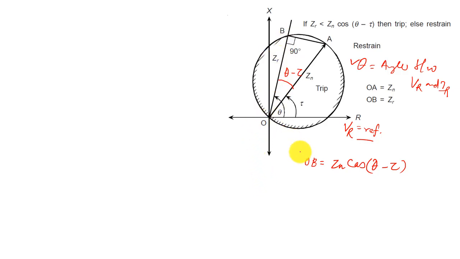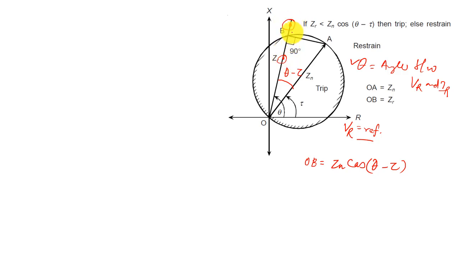So this OB will be Zn cos theta minus tau, and if Zr is less than this, that is Zn cos theta minus tau, then it will trip. That means wherever Zr lies, it doesn't matter. If the angle remains fixed and the voltage and current magnitudes change, maybe your point will lie here somewhere, or maybe it will lie outside this.